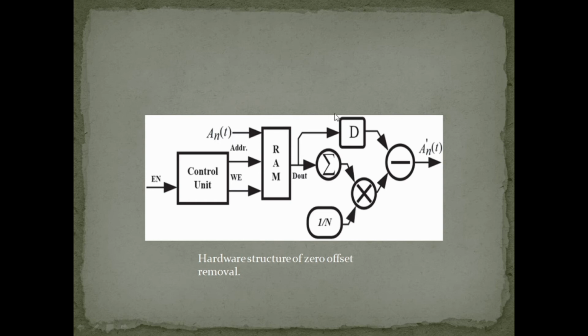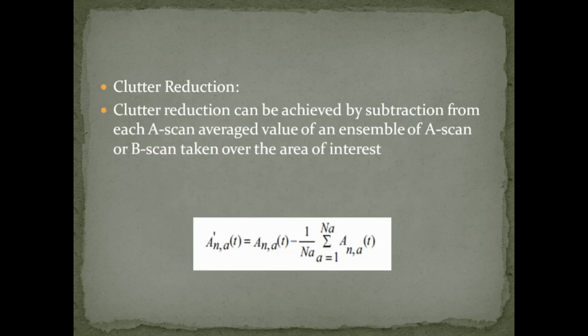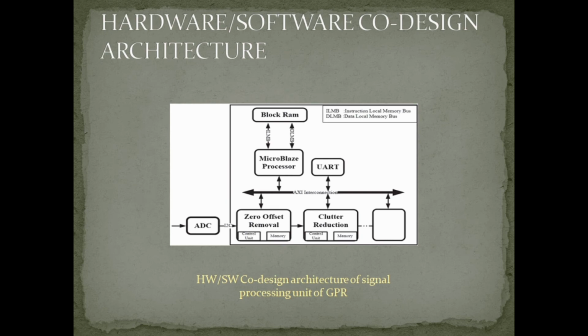The output of the zero offset removal is fed to the clutter reduction. The direct interface between these two hardware structures gives flexibility to extend the hardware structure for further processing, for example detection. In the hardware structure of the clutter reduction, the output of the previous stage is stored in BRAM.